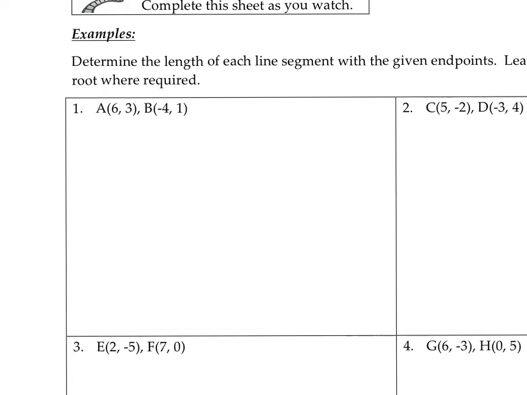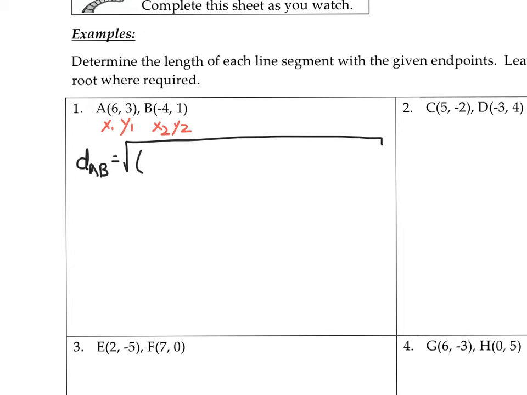Okay, so let's do some practice together. For the formula, I'm just going to label x1, y1, just for the first one, x2, y2. Now distance between A, B. That's some notation you can use just to organize your thoughts later on.